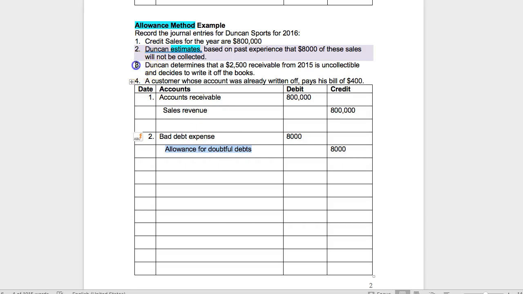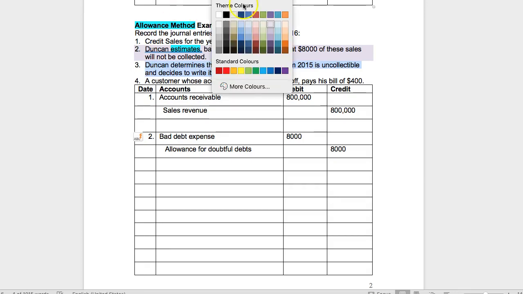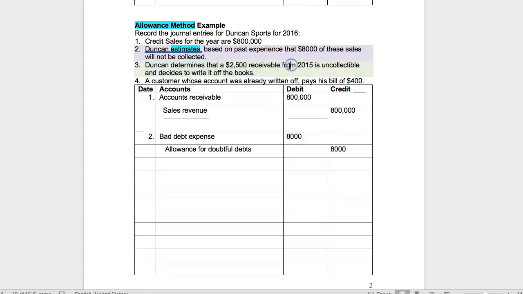Number 3, Duncan determines a $2,500 receivable from 2015 is uncollectible and decides to write it off the books. So determines means he knows or finds out that he cannot collect the cash from his customer.